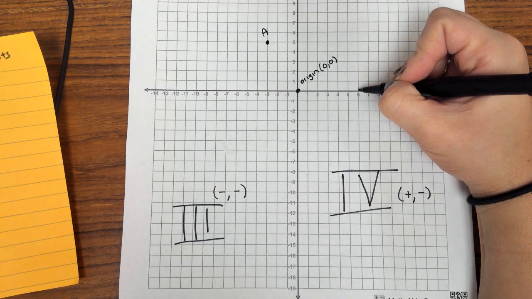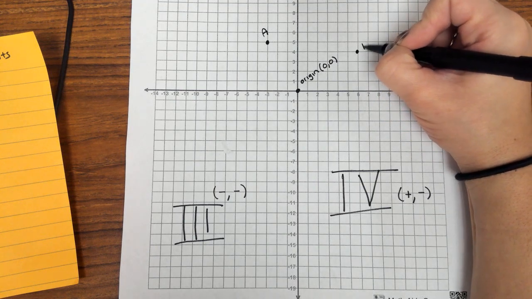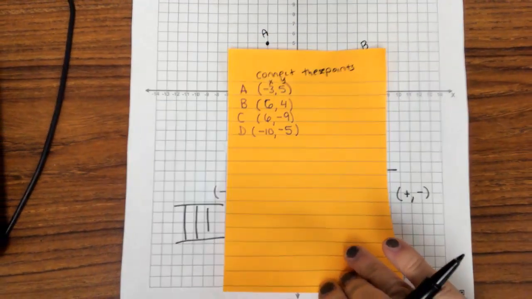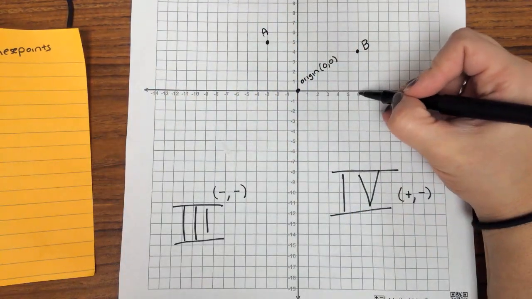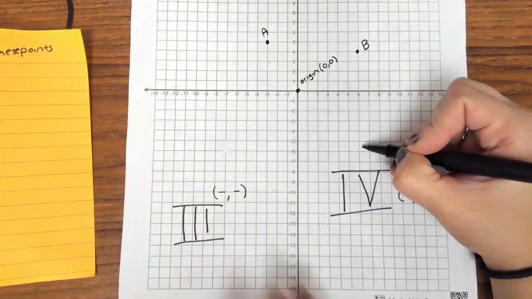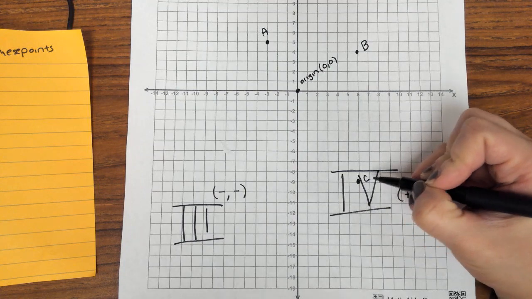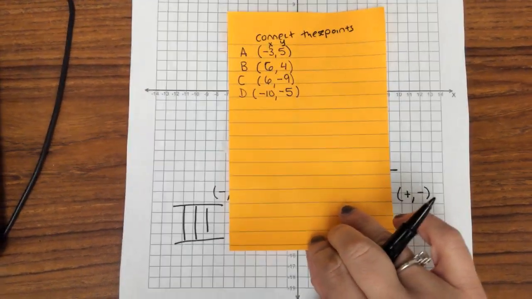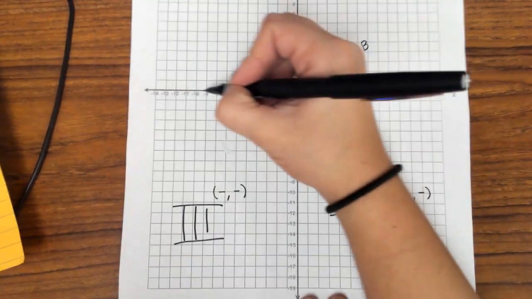Y value is positive 4. C is positive 6, negative 9. Positive 6 for our x value and negative 9 all the way down here. C. And D is negative 10, negative 5. Negative 10, the x value, and negative 5 here.